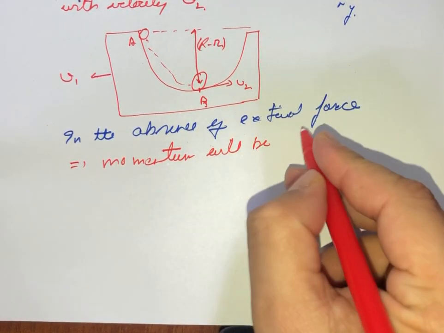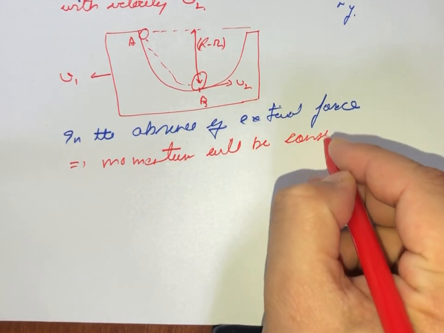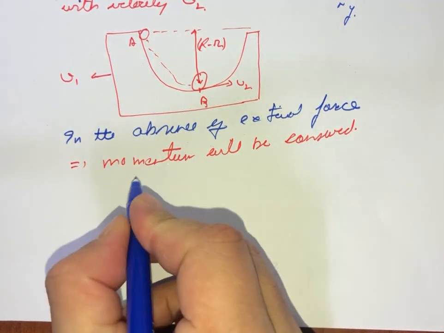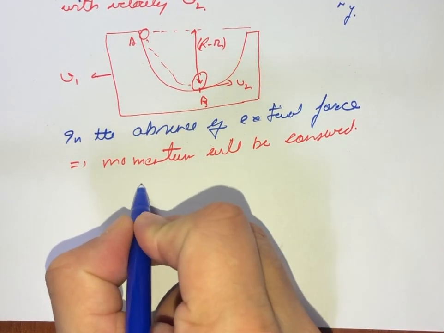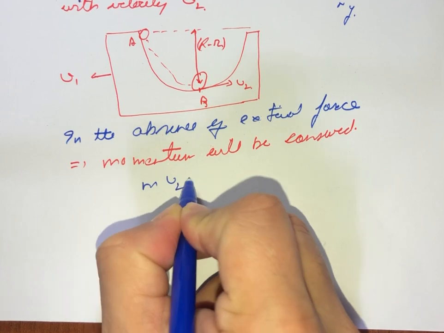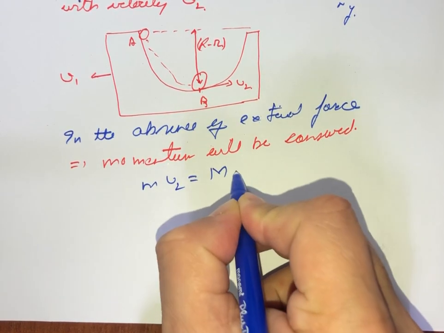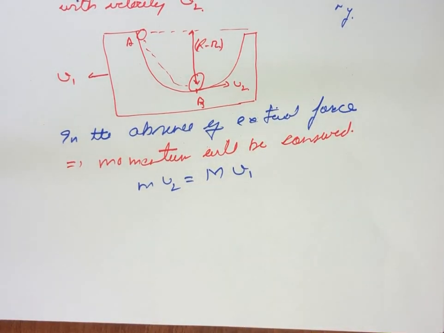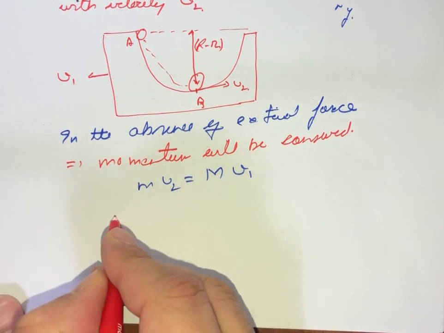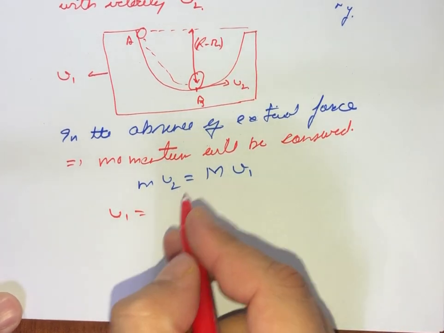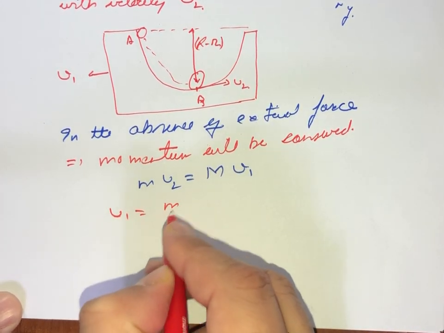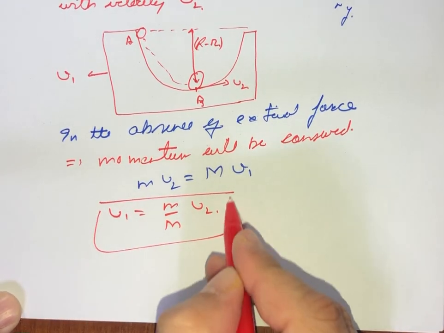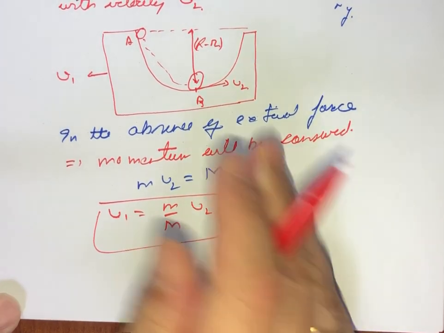So we can say that m times v2 is equal to capital M multiplied by v1, and from here we can find v1. v1 is equal to small m upon capital M multiplied by v2. Let this be equation number 1.